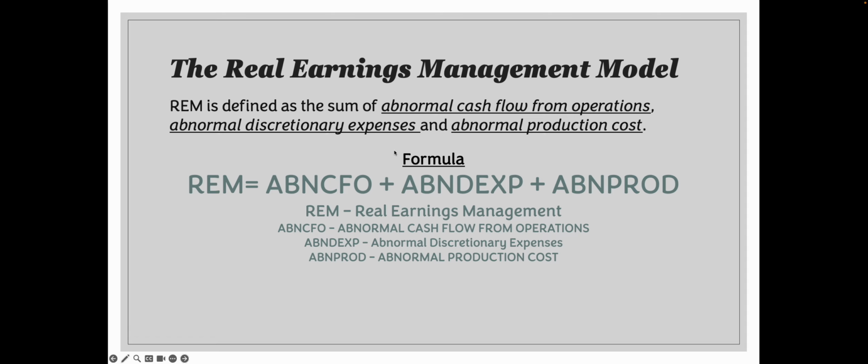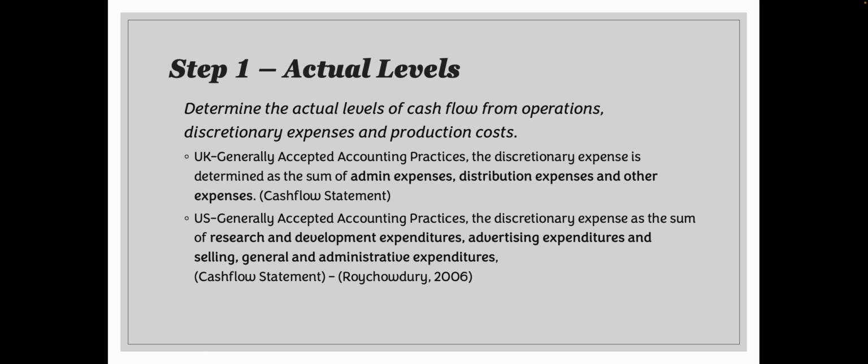Like explained in the last series, REM is the sum of abnormal cash flow from operation, discretionary expenses, and abnormal production cost. So this is the formula. But this formula seems easy. However, the calculation of the components to derive this is a bit difficult compared to discretionary accruals earnings.